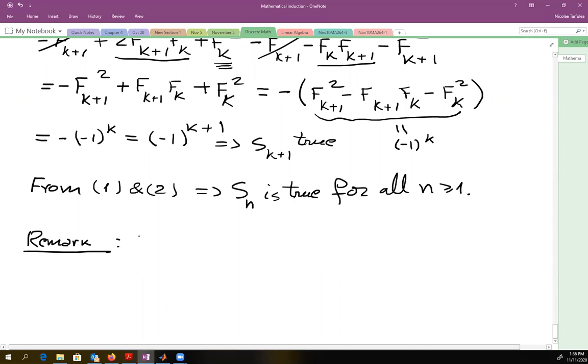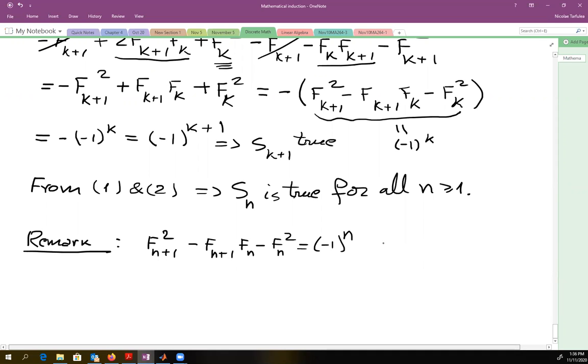So we have this relation true for all n: fn plus 1 squared minus fn plus 1 times fn minus fn squared equals negative 1 to the n.